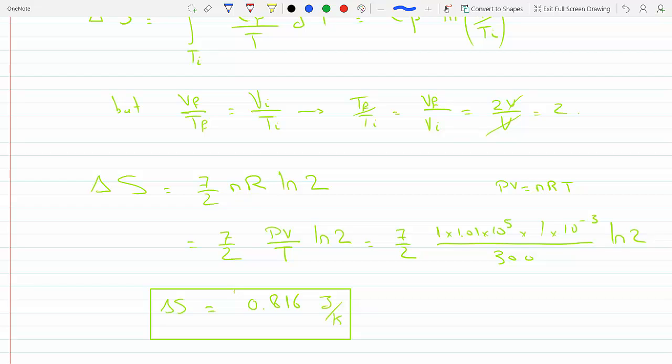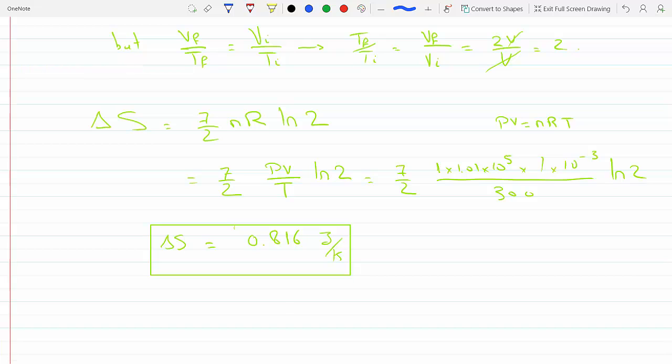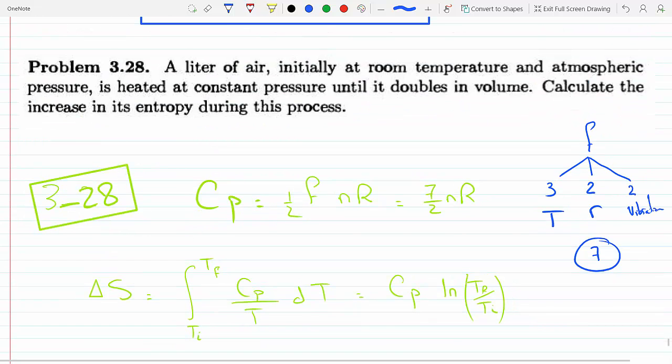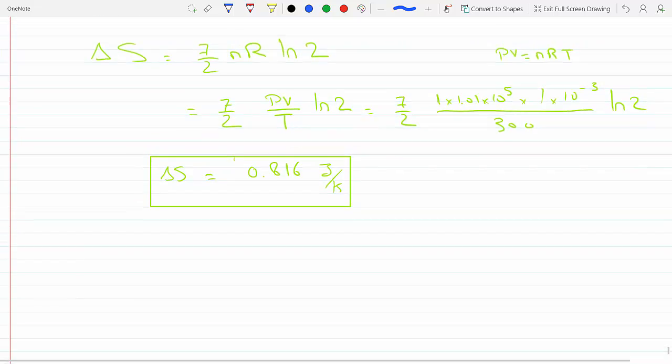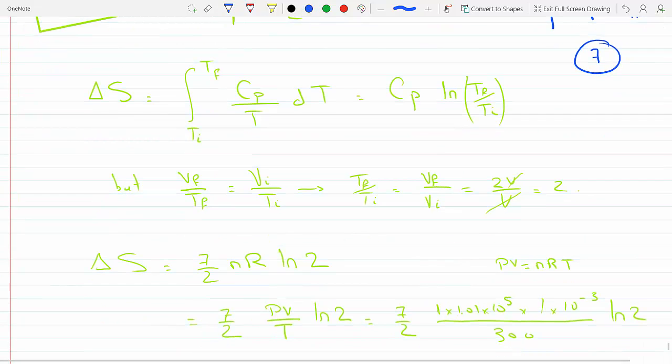Basically, I used the ideal gas law to replace NR with PV over T. The pressure is 1 times 10 to the 5th, the temperature is 300 Kelvin, room temperature, and I know that this is a liter of air, so I started with 1 liter and I'm going to 2.